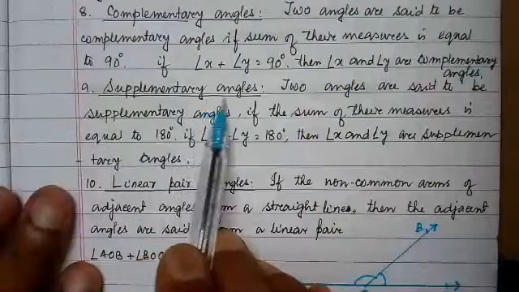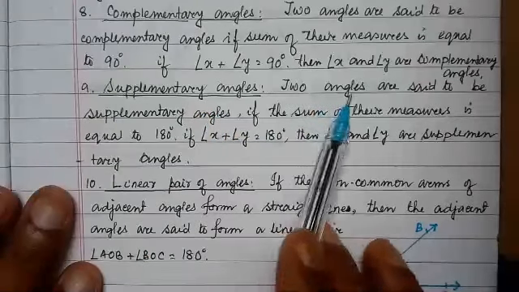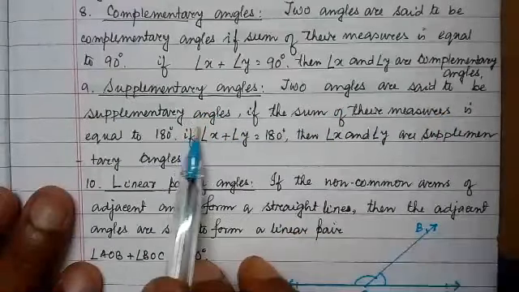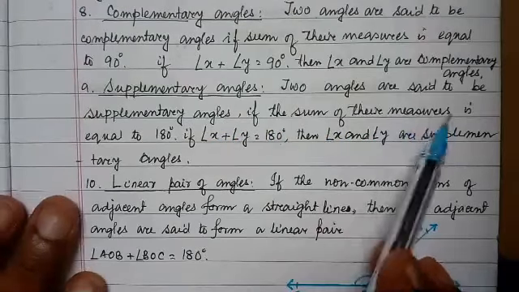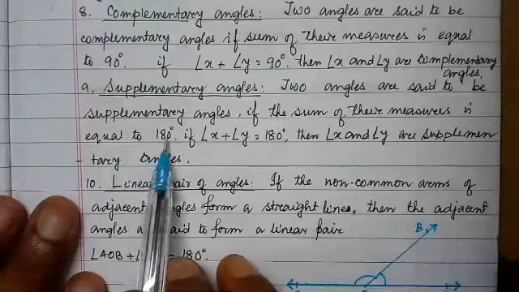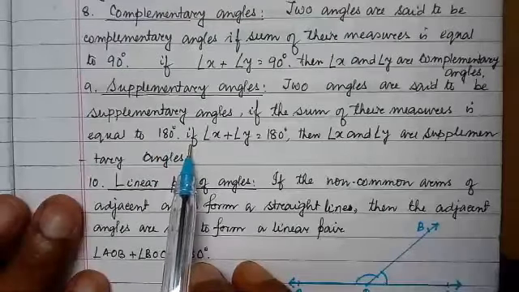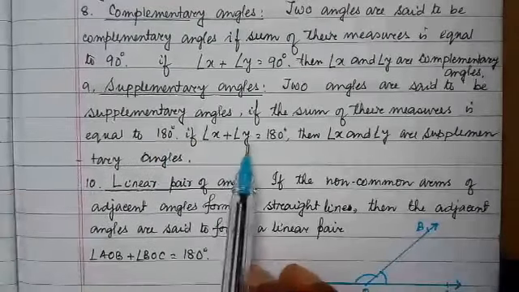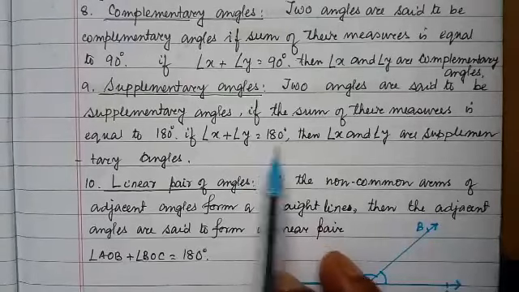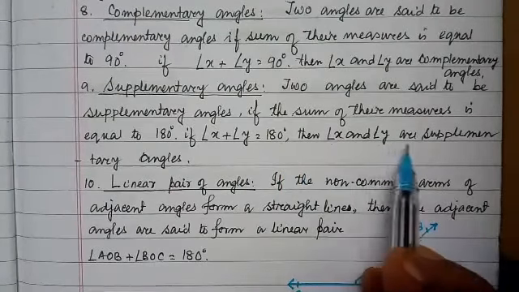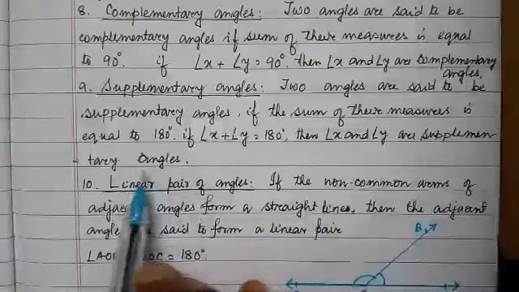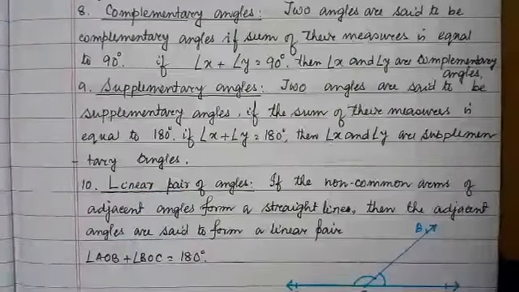Similarly, supplementary angles. Two angles are said to be supplementary angles if the sum of their measures is equal to 180 degrees. That is, angle X plus angle Y is equal to 180 degrees. Then angle X and angle Y are supplementary angles.